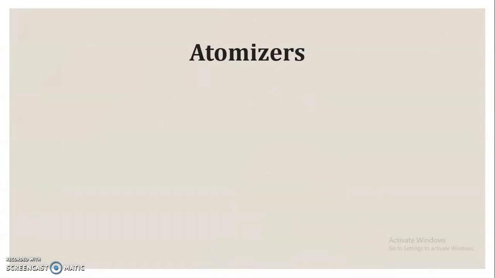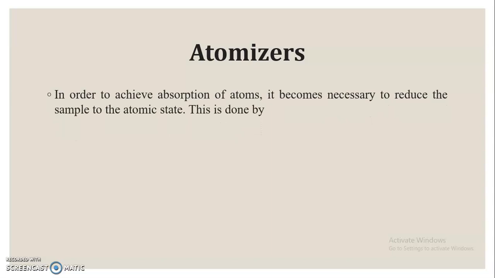After this, the next important component of the atomic absorption spectrophotometer is the atomizer. In order to achieve absorption by the atoms, it becomes necessary to reduce the sample to the atomic state, and this is done by using atomizers.